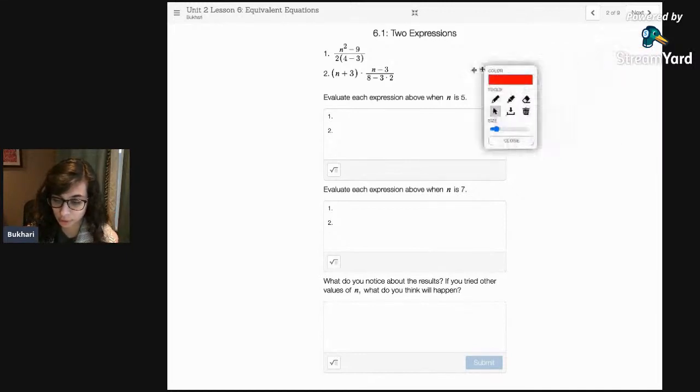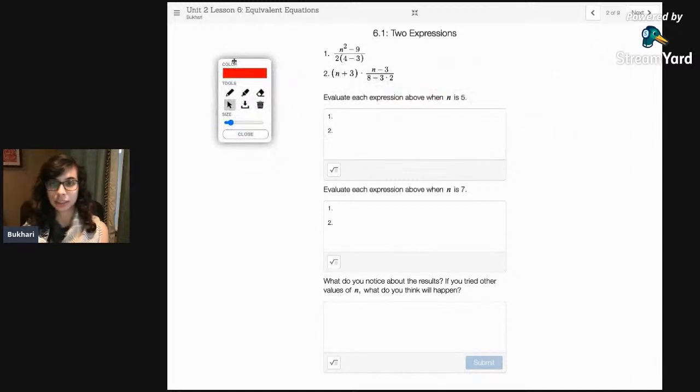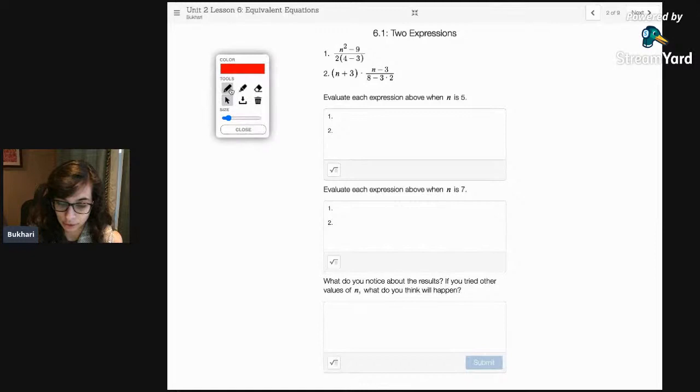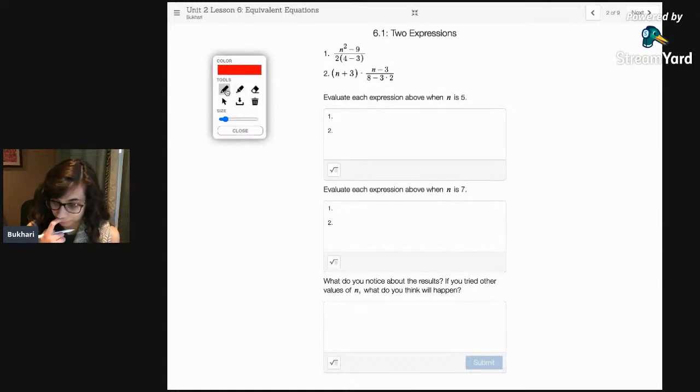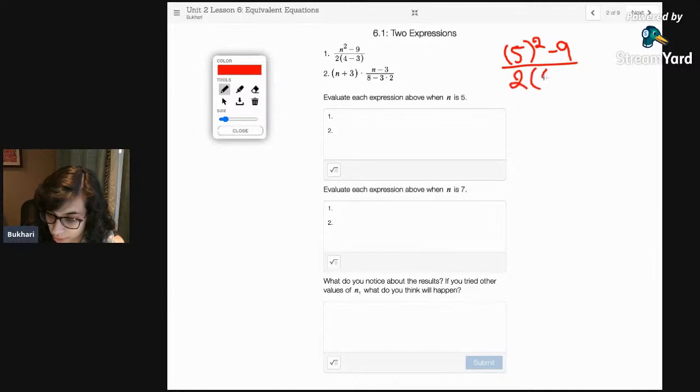So for the first one, we want to evaluate the expression when n is 5. When I see that, I know that I need to substitute in 5 wherever I see n. So I have 5 squared minus 9, all divided by 2 times 4 minus 3. Now I want to simplify my expression.